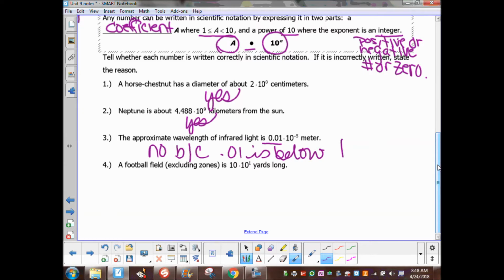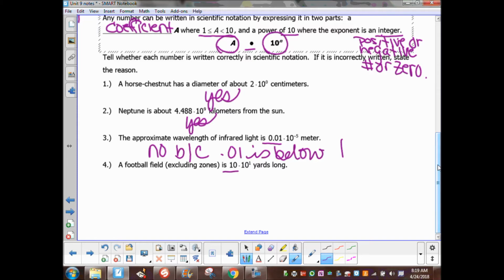A football field, excluding end zones, is 10 times 10 to the first yards long. Why not? Because 10 is not supposed to be equal to 10. Up here, it could be equal to 1, but it cannot be equal to 10.